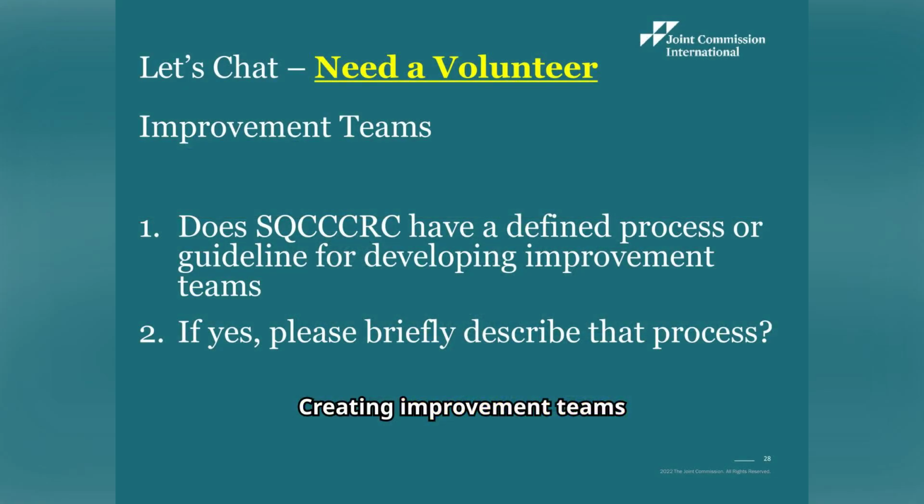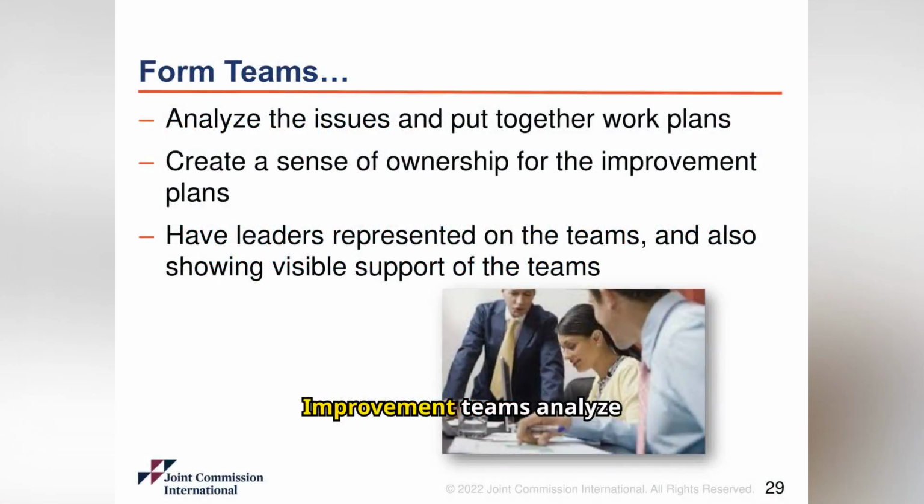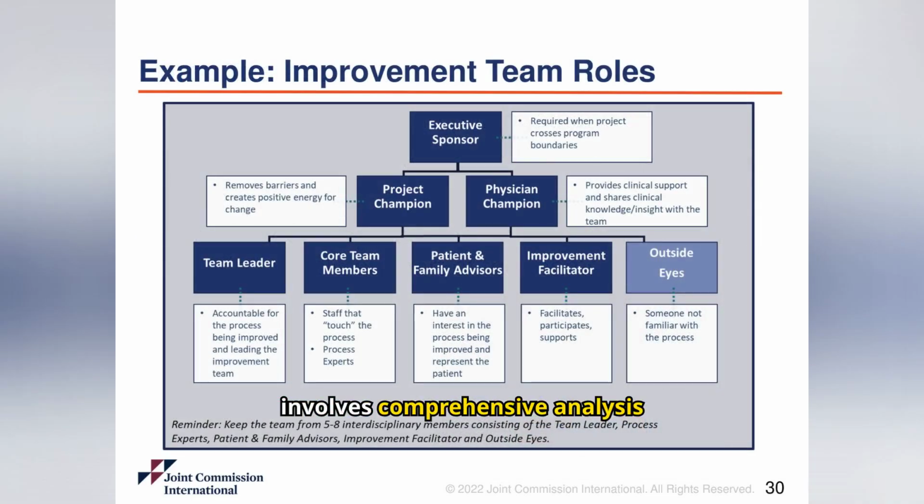Creating improvement teams involves analyzing issues, developing work plans, and ensuring leadership representation, promoting ownership and accountability for improvement initiatives. Improvement teams analyze issues, create work plans, and foster a sense of ownership, with leaders showing support to drive successful implementation of improvement initiatives. Solution identification involves comprehensive analysis and creative problem solving, ensuring that interventions effectively address identified gaps and enhance patient care processes.